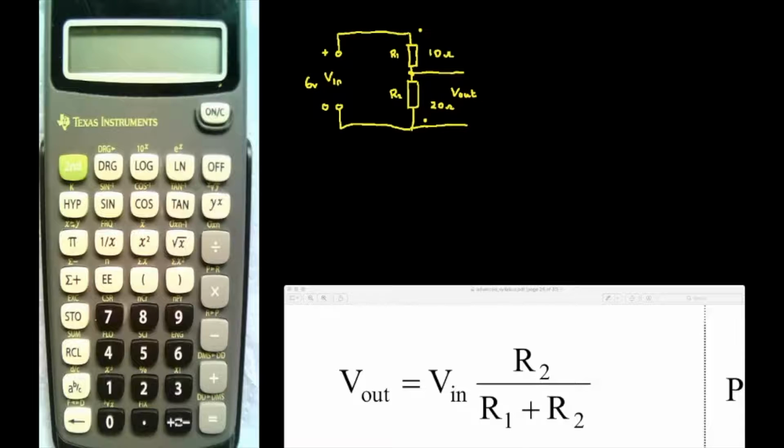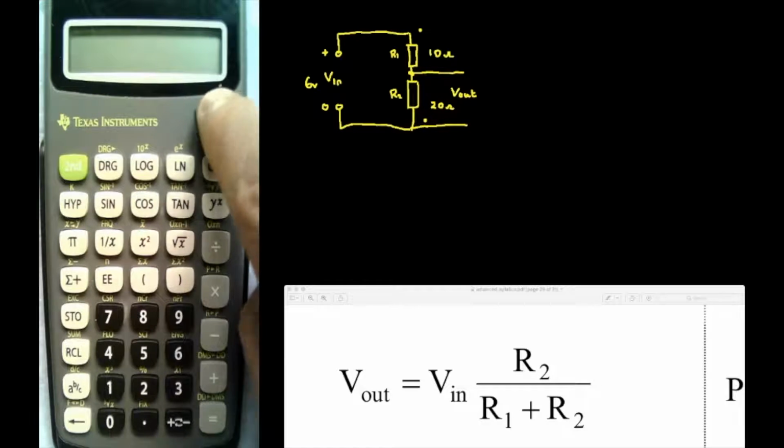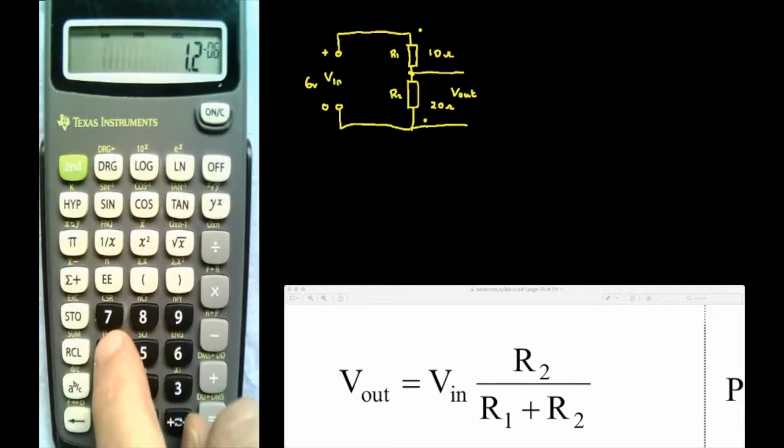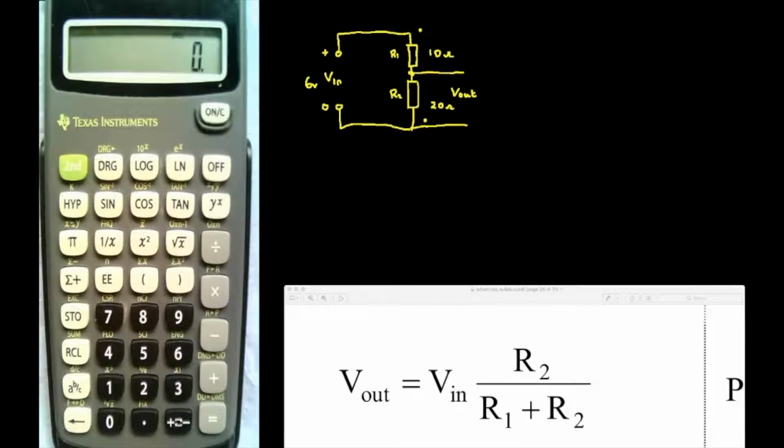So let's go ahead and do that now. Turn the calculator on. We might as well go into float. That's clear, and we have a 0 on the screen. So we can use brackets here to make this an easy calculation. We can enter it pretty much as we see it. First of all, R2 divided by R1 plus R2.